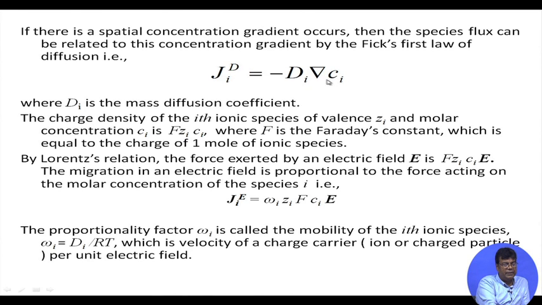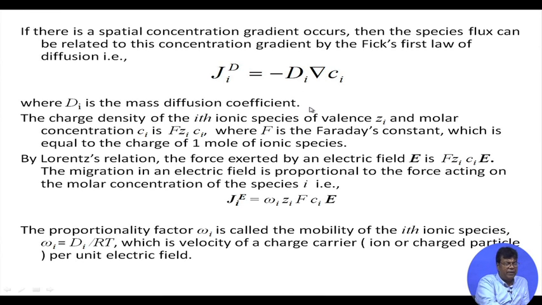Okay. Here it is negative, because you may have a positive gradient or negative gradient. Depending on that, the ionic species will move along that direction. So, that is why you have a negative. D_i is referred to as the mass diffusion coefficient. Here we have taken D_i as a single value for the ith ionic species.